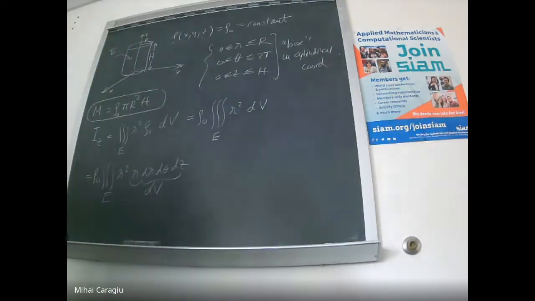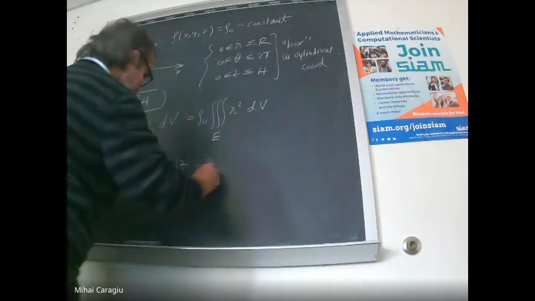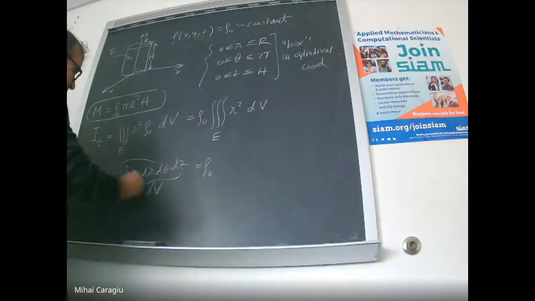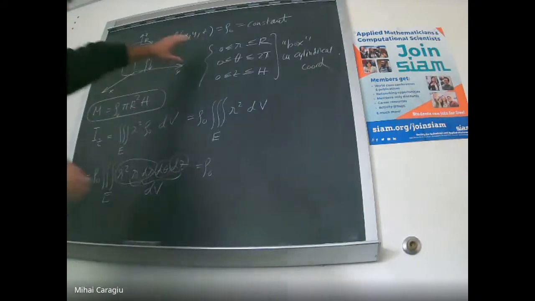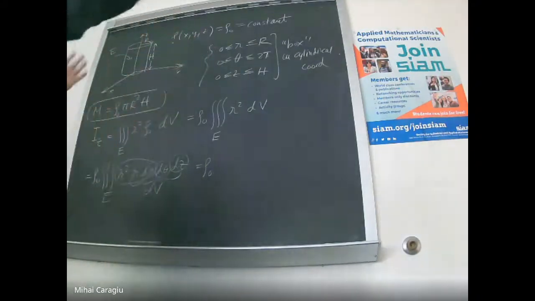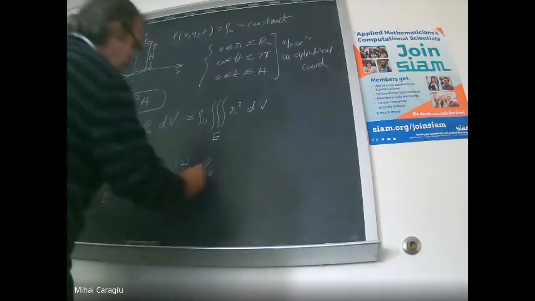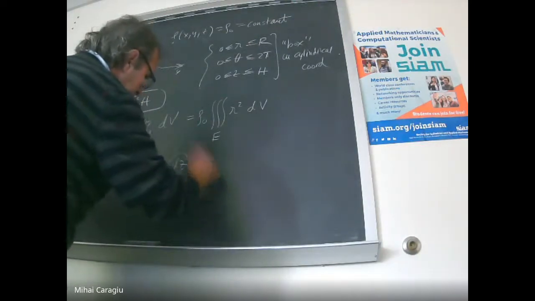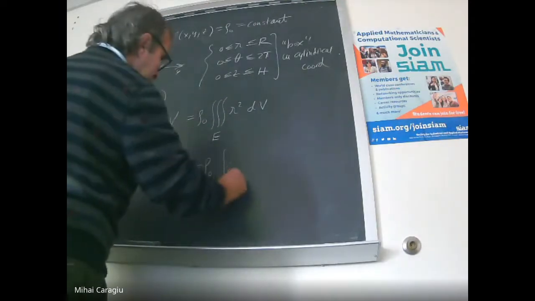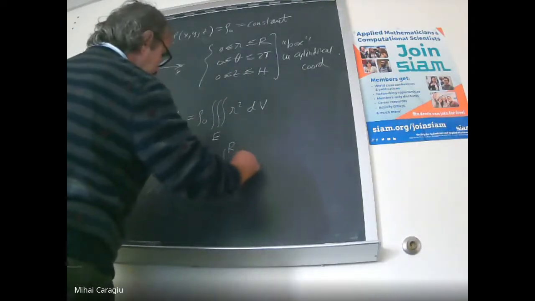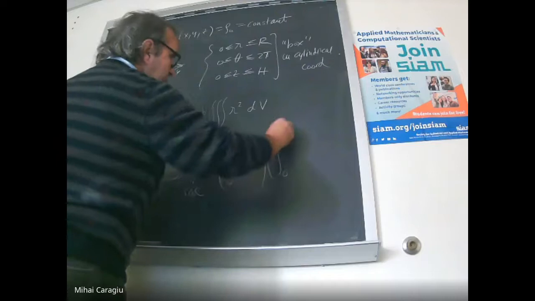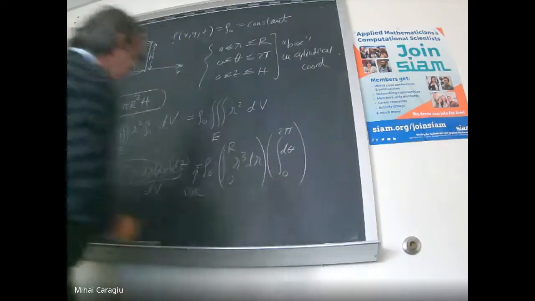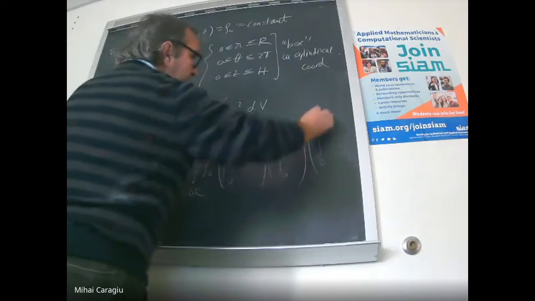So let's now apply separability over a rectangle, the 3D version. So it's rho 0 times, that's separable: the r part, the theta part, the z part, and every variable is between two numerical values. So by using separability over rectangles, it's the r integral from 0 to big R of small r cubed dr, times the theta integral from 0 to 2 pi of d theta, times the z integral from 0 to h of dz.